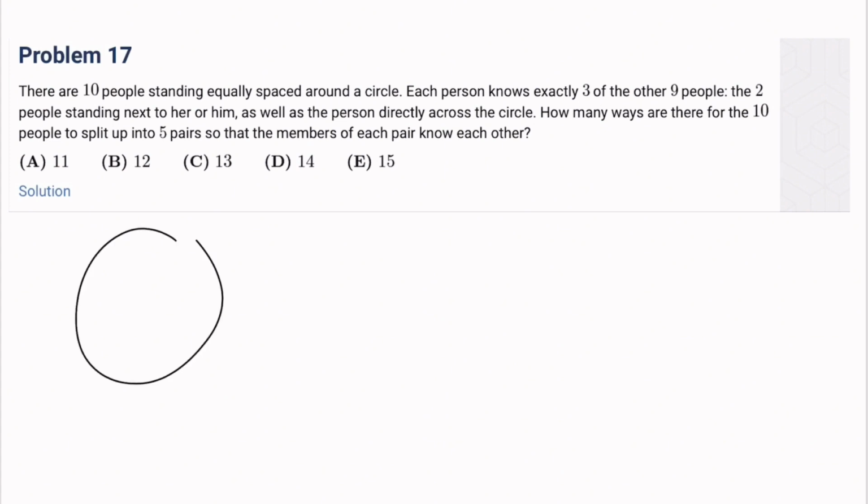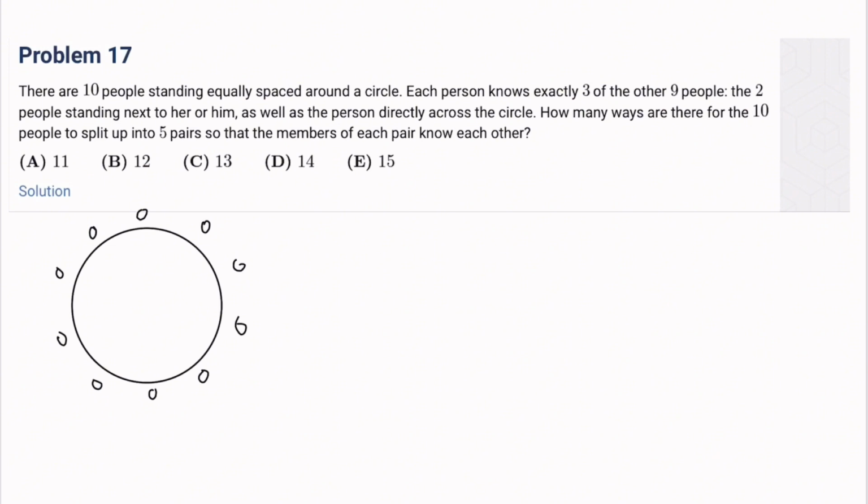we have a circle, and we have 10 people standing equally spaced, right? And each person knows exactly 3 of the other 9 people, and so these people can pair up in 4 different ways, right?